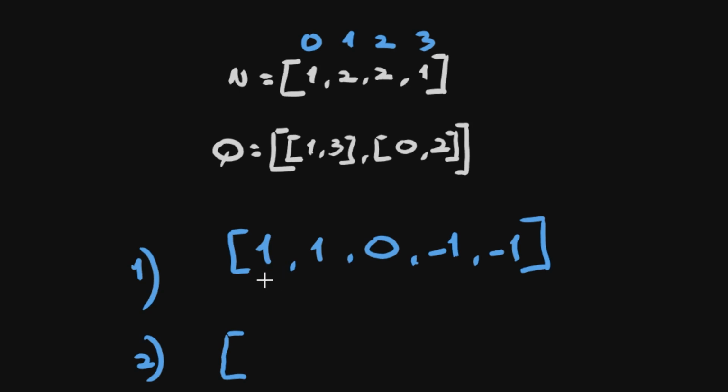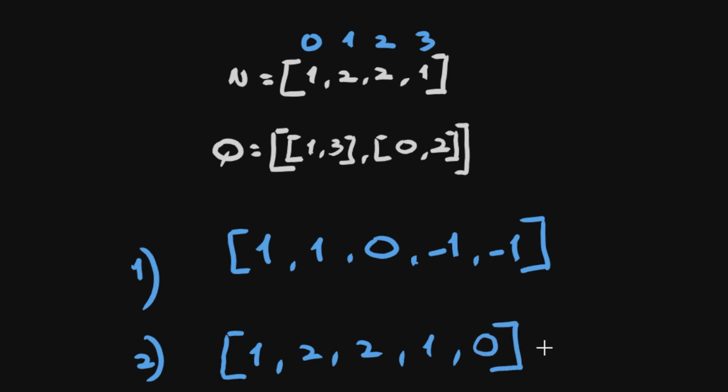So now we are here and the total sum is 1. Now we are here and the total sum is 1 plus 1, which is 2. Next, here the total sum is 2 plus 0, which is 2. Next, the sum is 2 plus minus 1, so this is 1. And next, the sum is 1 plus minus 1, so this is 0.